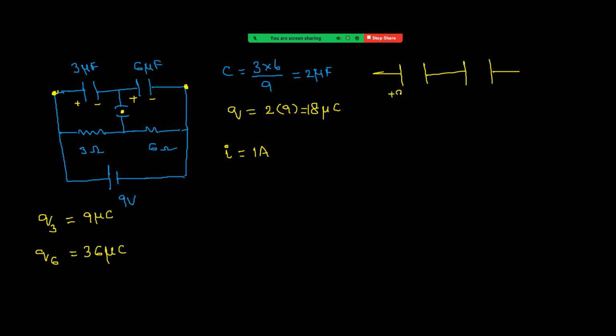Here plus 9 and this is minus 9. Next, the 6 microfarad capacitor has plus 36 and minus 36. Now focus carefully again on those two inner plates.